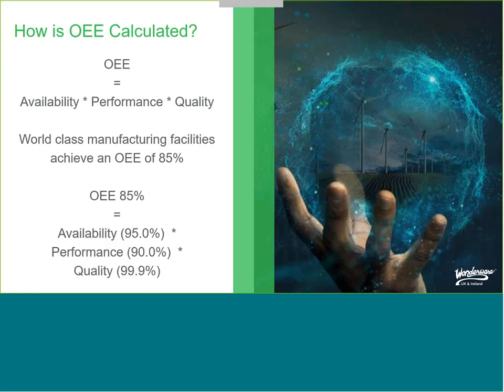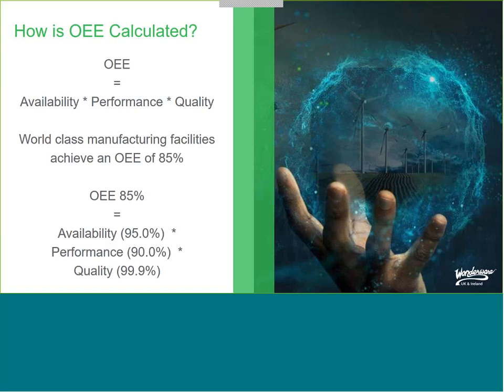So once we've removed the time lost due to downtime, then performance is that ratio of your actual speed to your design speed. And we've seen some of those typical performance losses: machines running too slowly, minor stoppages. Quality, that's the relationship between your good and waste production. So what's the ratio of my good units being produced to the total units being made, including waste?